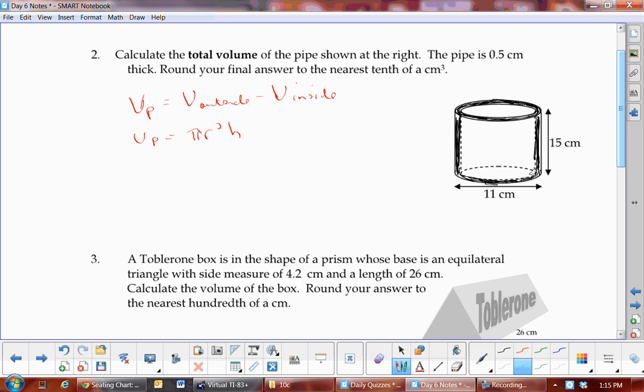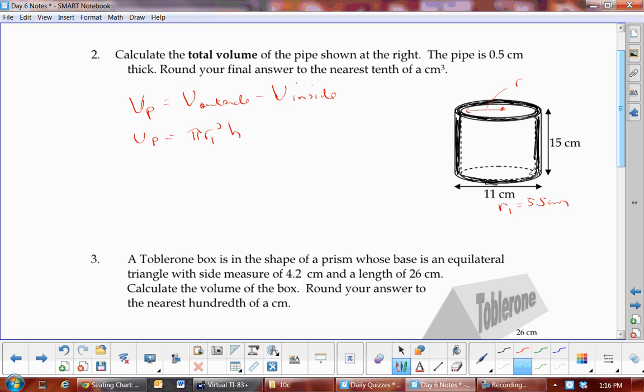Now, do we have two different radiuses when we do this? So why don't I call that R1? So what is R1? 5.5 centimeters. Right? Now what is this radius?